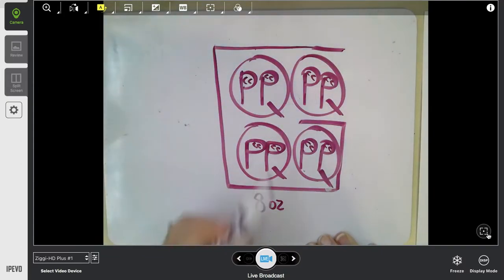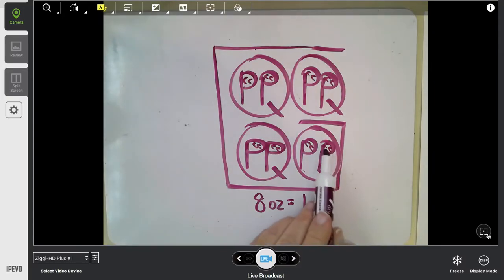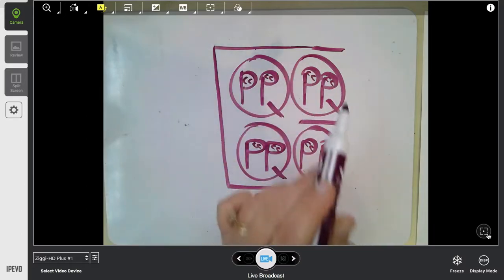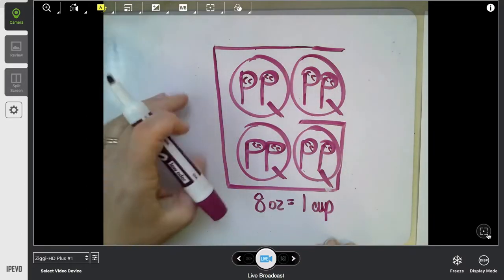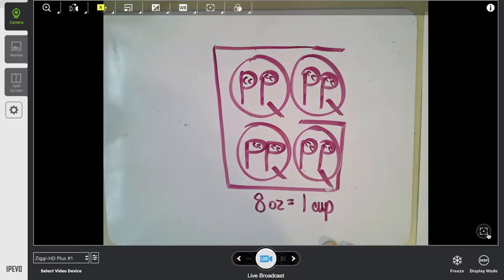And 8 ounces, I can't draw this in my trick because it's too small to draw, but you just have to memorize that 8 ounces equals 1 cup. So 8 ounces make a cup, 2 cups make a pint, 2 pints make a quart, 4 quarts make a gallon. This, if you can draw it, will help you to do any conversions that you have to memorize.